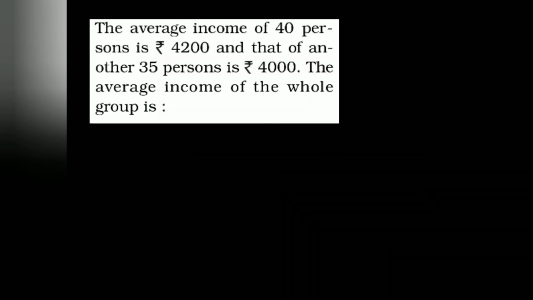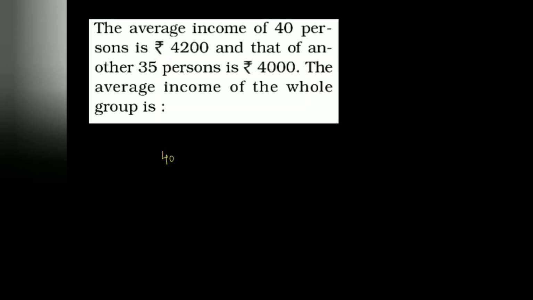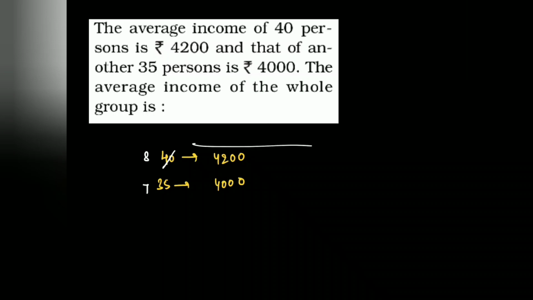Same manner, look at another one. The average income of 40% is 4,200. So first take 40%, 4,200. And 35%, it is 4,000. Simplify the values of N1 and N2, that is 8 and 7. You can go with any assumption that you want. I am taking the assumption as 4,100.